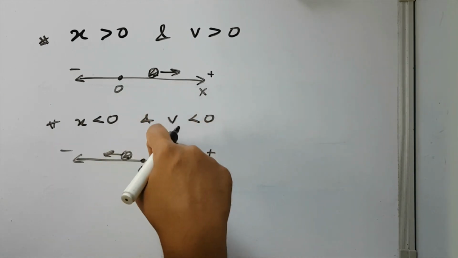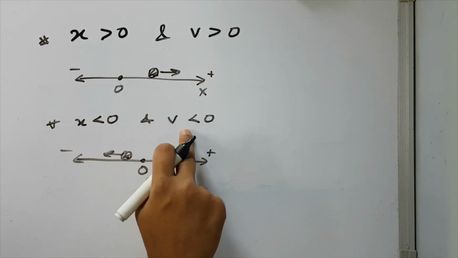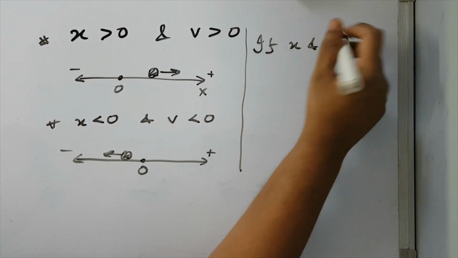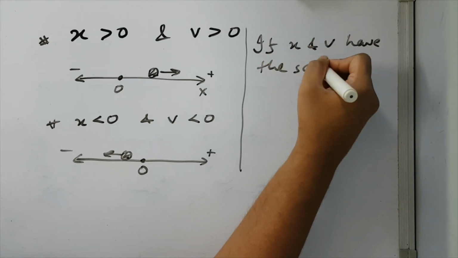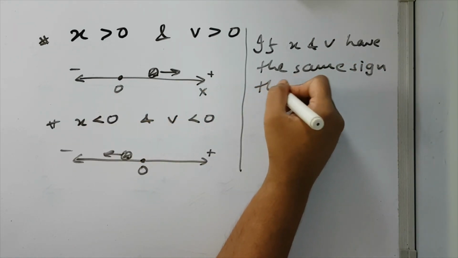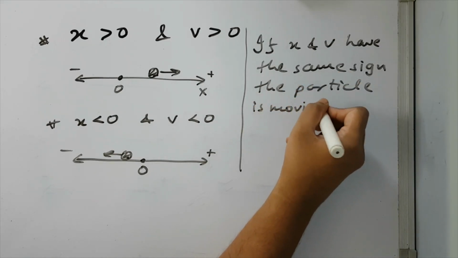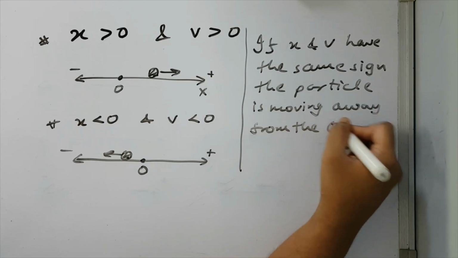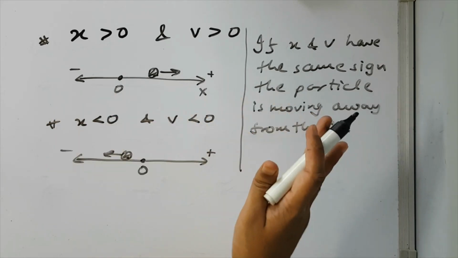If you look at these two cases, you could see that if both x and v are positive, or if both x and v are negative, that is to say, if position and velocity have the same sign, then the particle is moving away from the origin. Can you see that? In either case, the particle is moving away from the origin.